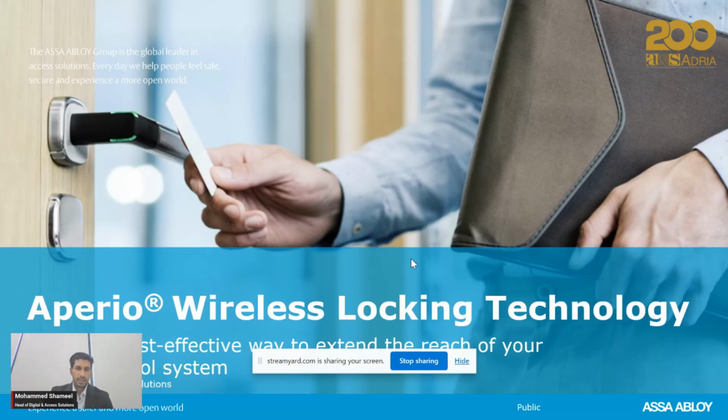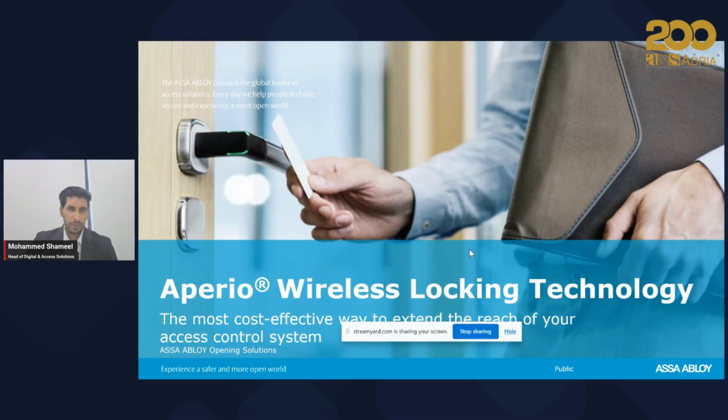In today's session, I'll talk more about a particular product under the digital and access solution portfolio from ABLOY, which is more relevant to our topic here today, in order to cater for the hardware to software shift. So basically, the way we approach access control systems in general is undergoing a significant change.